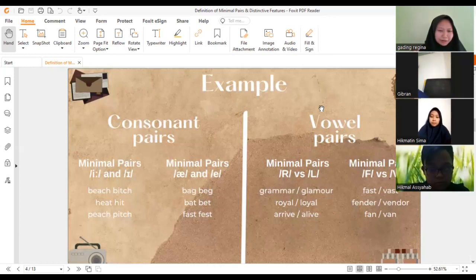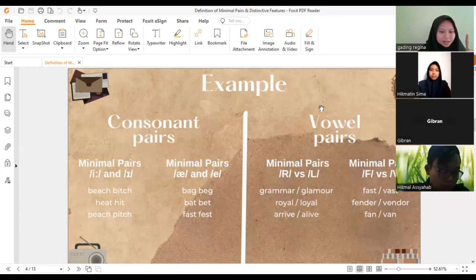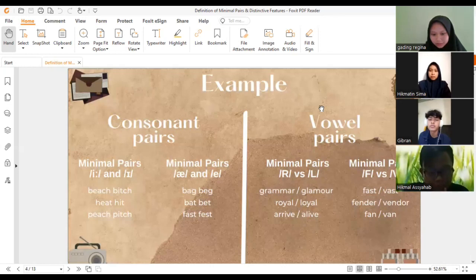And if it is the other word, it has a short sound, short E, short I. For example, beach and bitch.